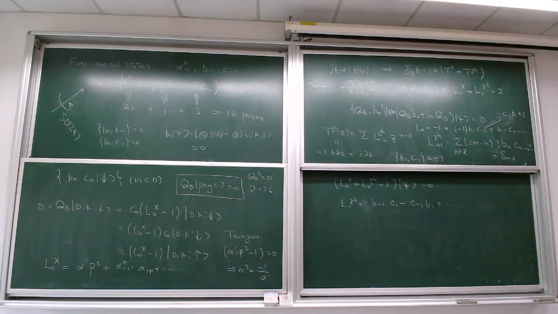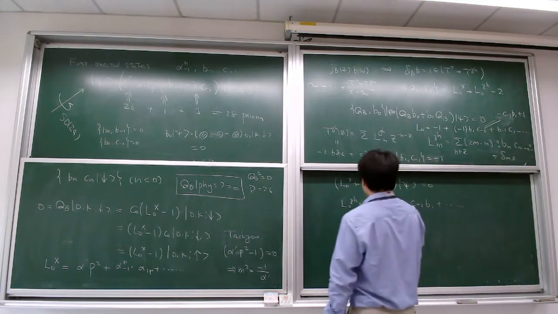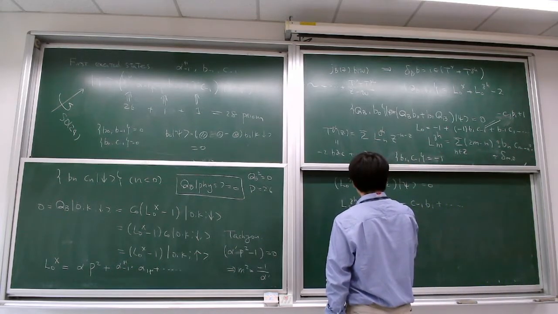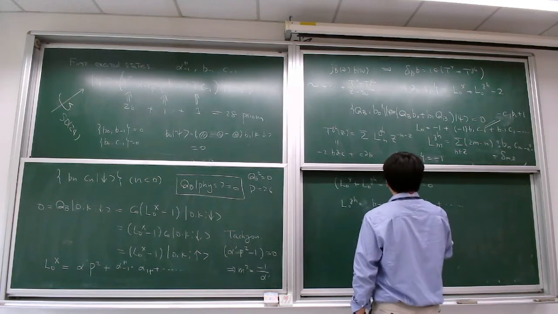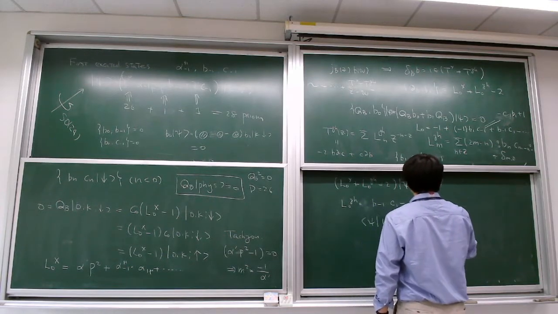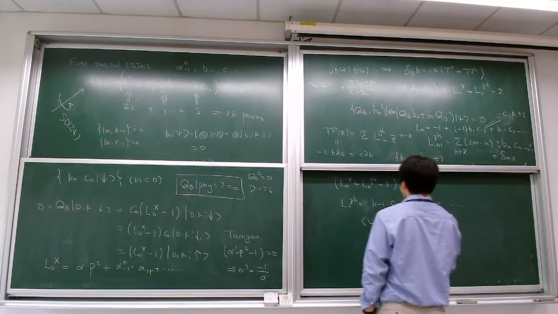I should get the k-squared equal to 0 condition. So what I would get is psi, L naught plus L naught ghost minus 2, acting on psi equal to 0.